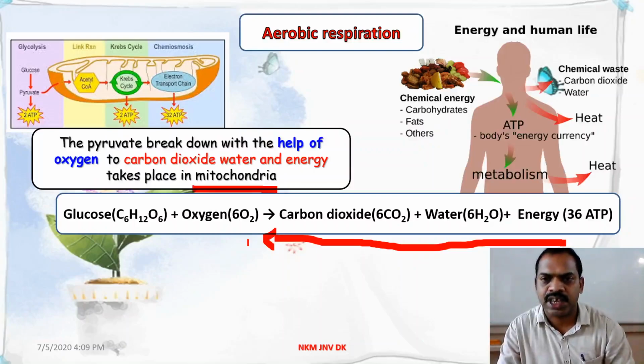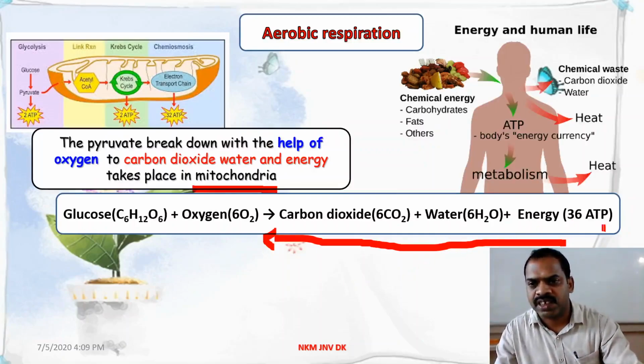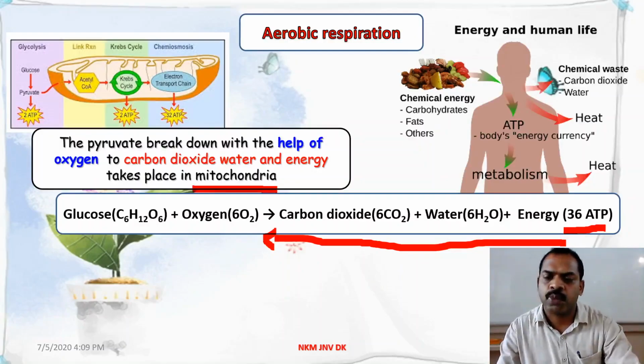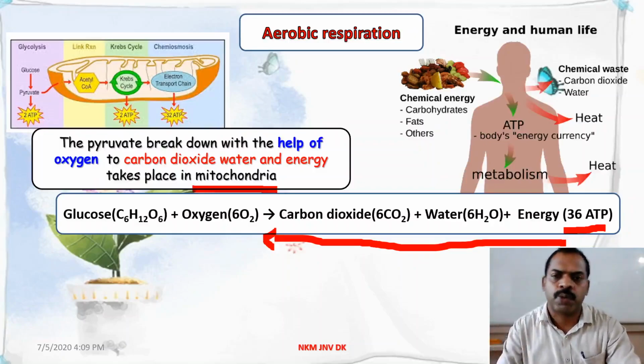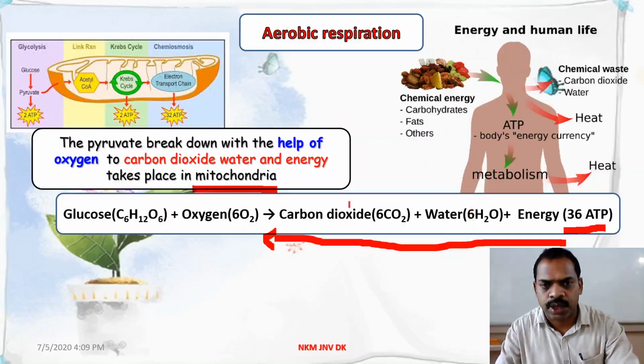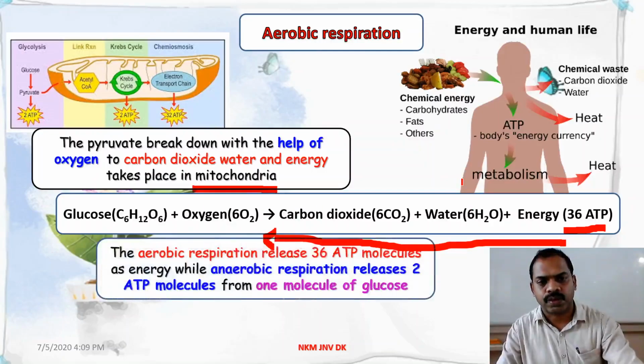You have already studied ATP. But you see the amount of energy produced here, it is 36 ATP. What about yeast? Only 2 ATP. But an aerobic organism is able to produce 36 ATP from one glucose molecule. Okay.